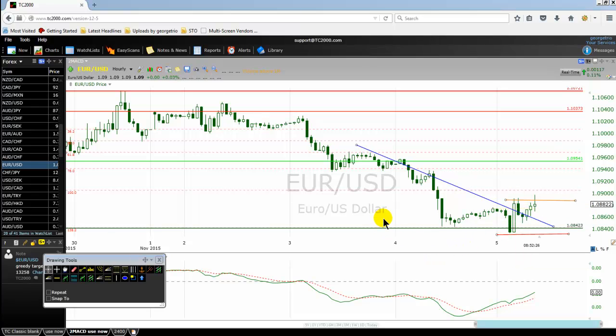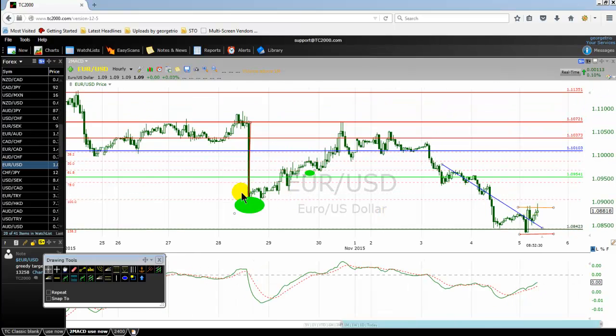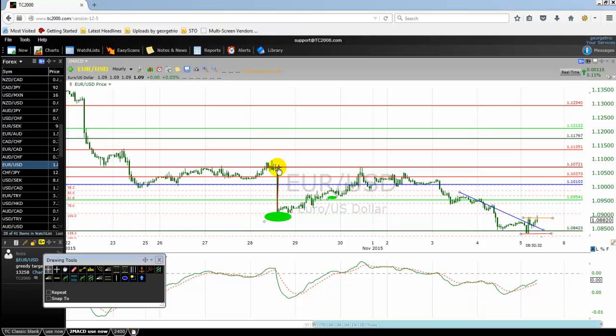The price dropped down to the 138.2% Fibonacci extension level. After the distortion, we apply the Fibonacci extension to the distorted candle. All right? Because it's a distorted candle, we can look for an opportunity to buy at the 138.2% Fibonacci extension level.